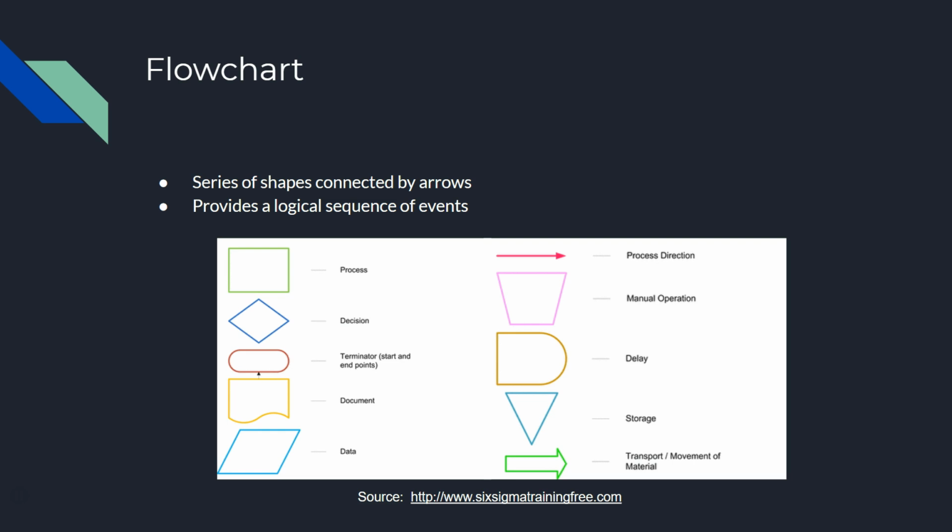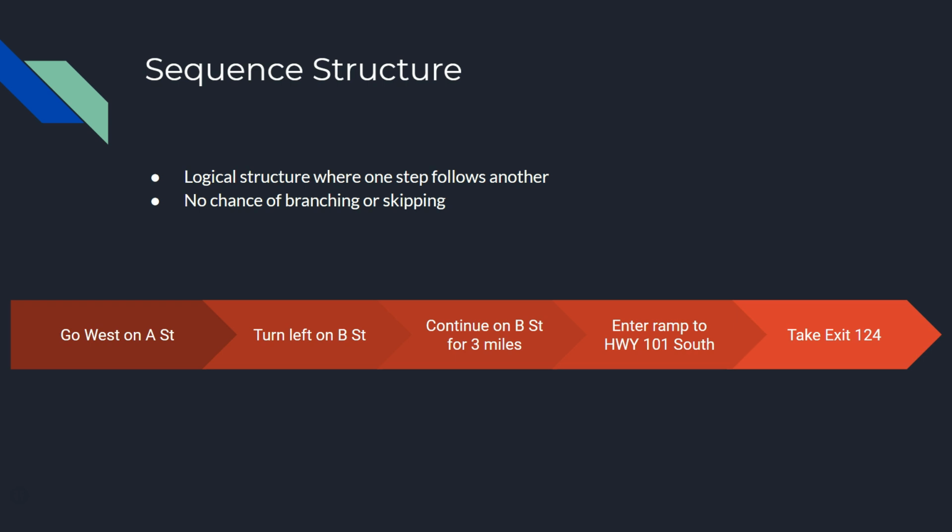All right. So the next one is sequence structure. It's a logical structure where one step follows another. So no chance of branching or skipping. That means it's just one way through. Okay, you're going through a one-way street or something, and there is no other option. There's no left turn or right turn options. You just follow one way through. So in this case, very similar to a navigation system.